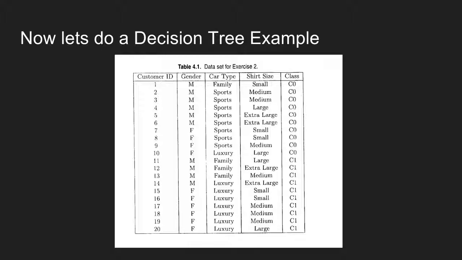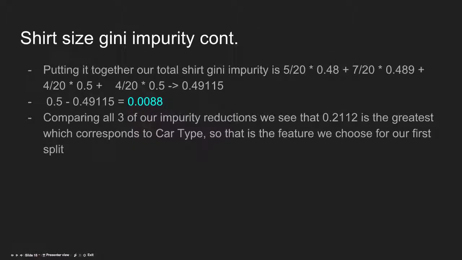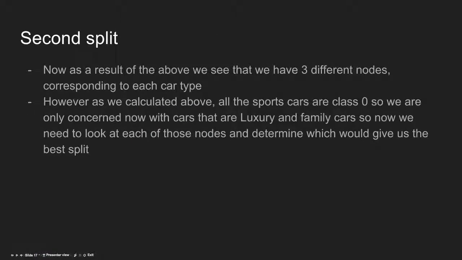Female. Yeah, so if you look at female, luxury, and large, examples 10 and 20, you can see that they are exactly the same but have different classes, so we have no meaningful way of being able to classify that.